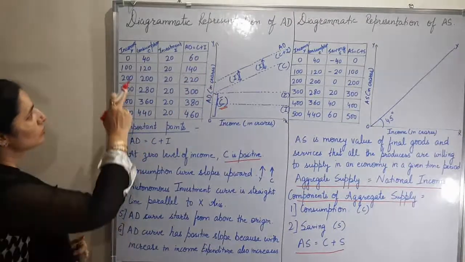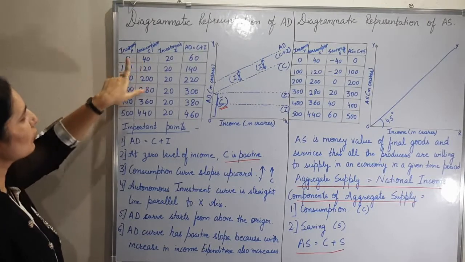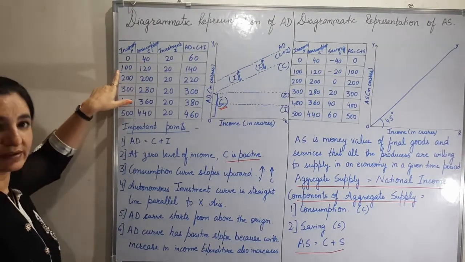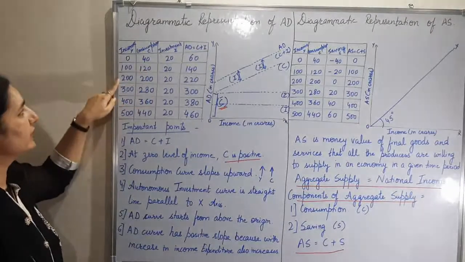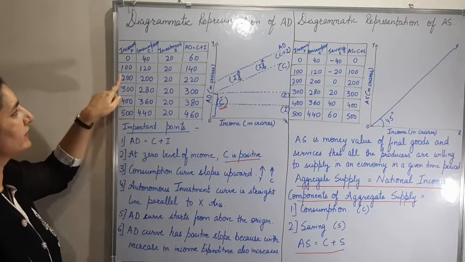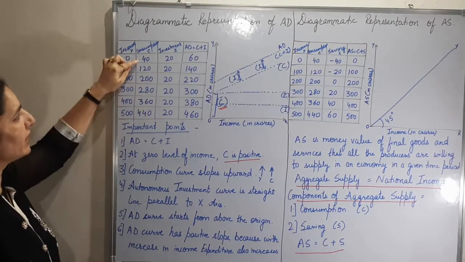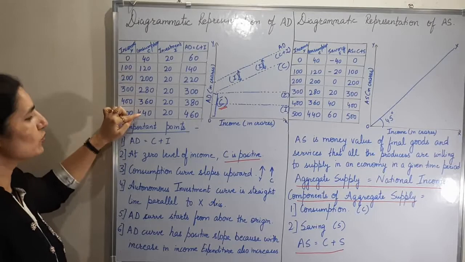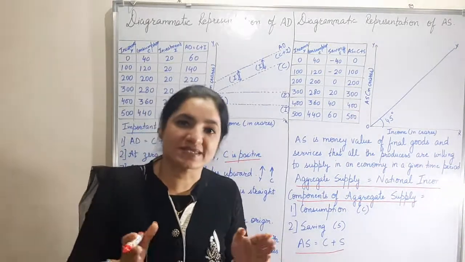So here you can see with increase in income, as income was 0, consumption was 40. When income becomes 100, consumption increases to 120. When income increases to 200, it is again increasing to 200. It means that we are keeping the same proportion, because a part of income is always saved.